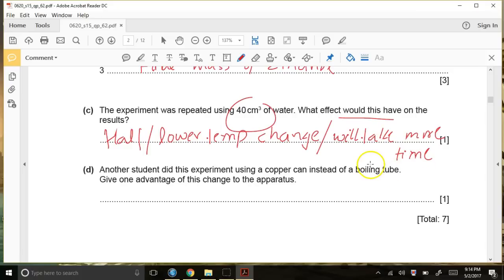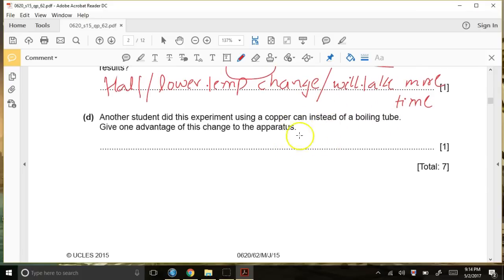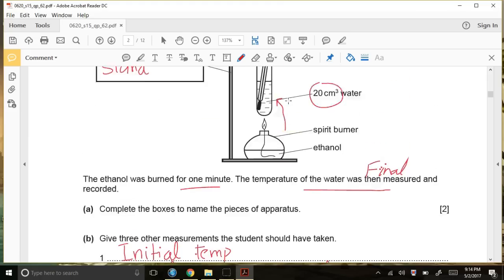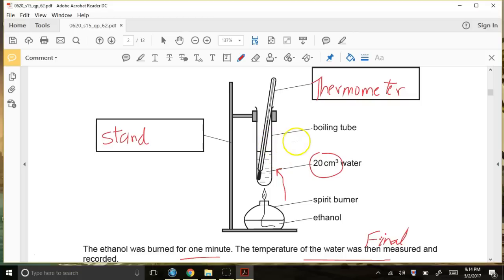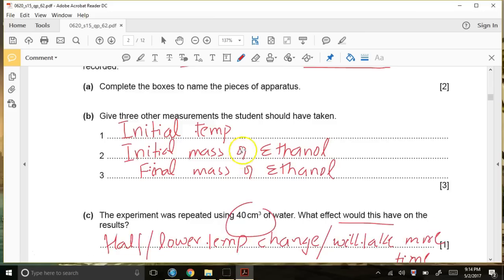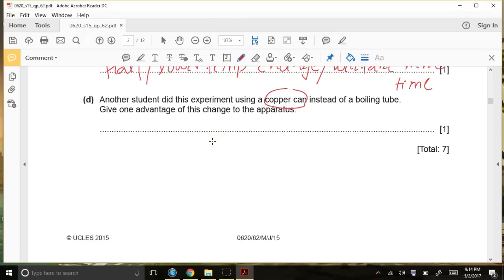Okay. Now the question talks about, if you're going to use a copper can, how will that be beneficial for you? Now don't forget, copper is a metal, which means it's a much better conductor of heat. If you compare this with glass, boiling tubes are made of glass and they are not very good conductors of heat. It means if this container is made of copper, all the heat that it receives will go into the water much better compared to the glass, which means the temperature change is going to be much higher, or water is going to heat up more quickly.